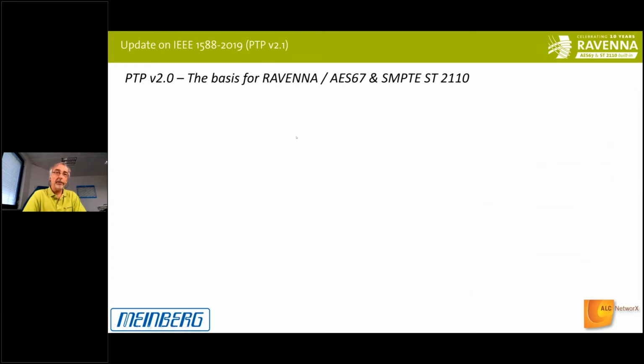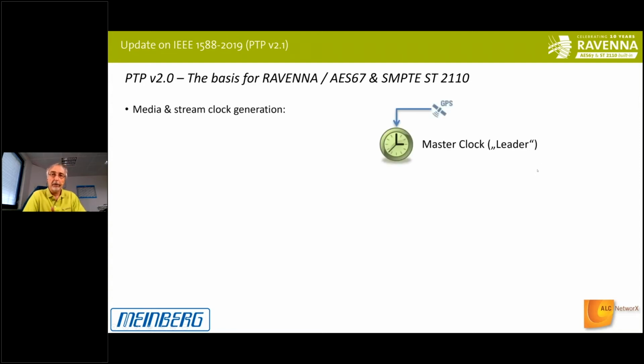Now, as we all know, PTP version 2.0, so the 2008 version, is the basis for synchronization in RAVENNA, AES67, as well as SMPTE 2110. The way it works is we usually have a master clock, which by now most likely will be called leader instead of master due to some language issues which just recently came up. That master clock can or cannot be synchronized by GPS.